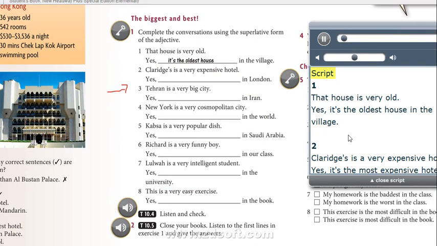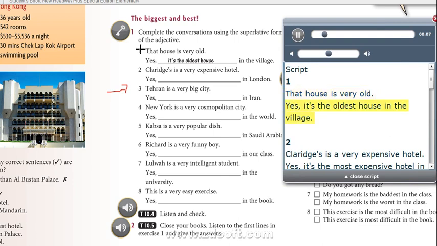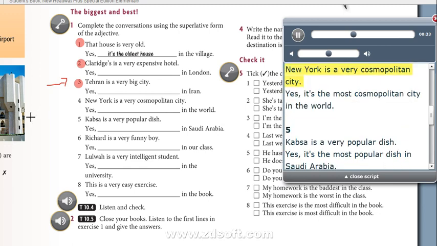Tape script 10.4. 1. That house is very old. Yes, it's the oldest house in the village. 2. Claridge's is a very expensive hotel. Yes, it's the most expensive hotel in London. 3. Tehran is a very big city. Yes, it's the biggest city in Iran. 4. New York is a very cosmopolitan city. Yes, it's the most cosmopolitan city in the world. 5.